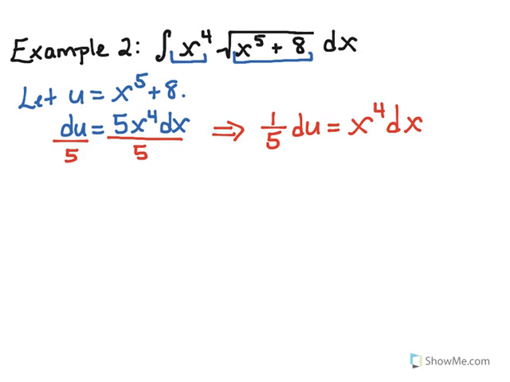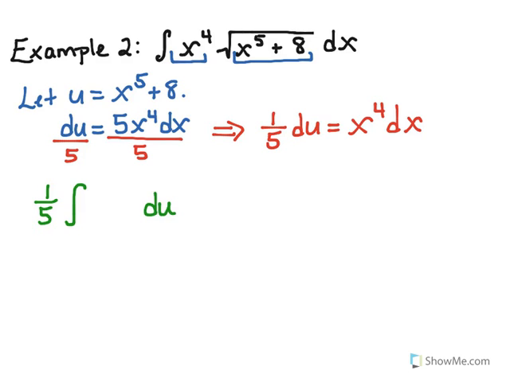Now I can use this to rewrite my original integral. So here's what we're going to end up with. We have an antiderivative sign, an integral sign. Instead of writing x to the 4th dx, I'm going to replace all of that with the 1/5 du. So constants can go out in front, so I'm going to do 1/5 there, and then du here.